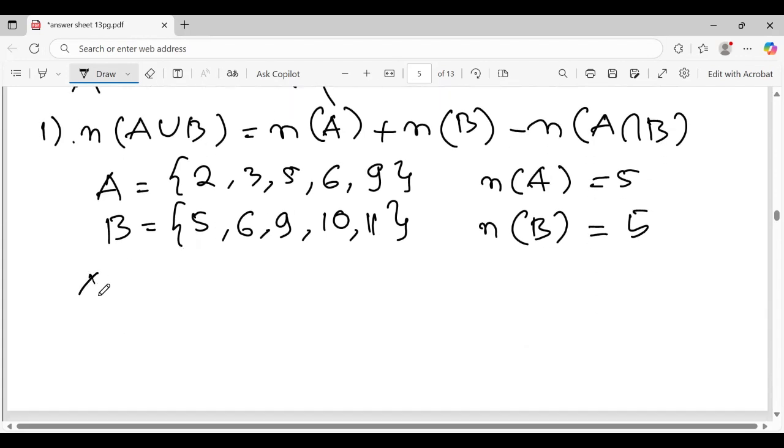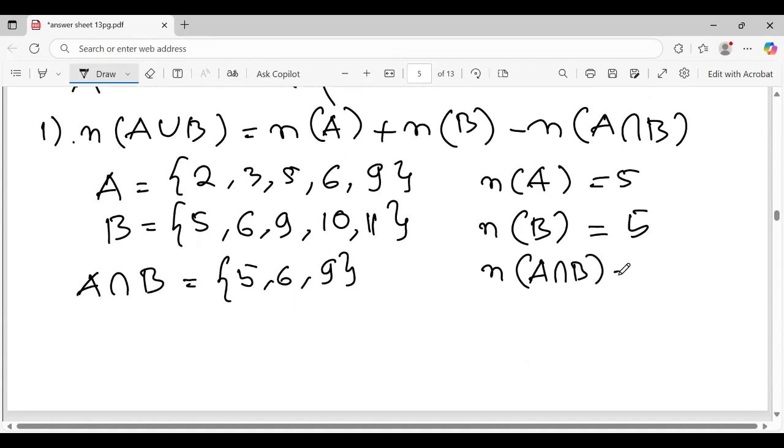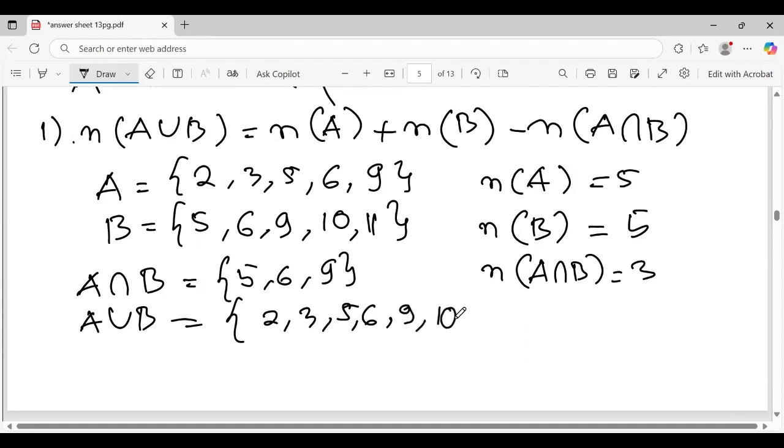A intersection B is 5, 6, 9, so n of A intersection B equals 3. So what is A union B? The elements are 2, 3, 5, 6, 9, 10, and 11. So it means n of A union B equals 7.